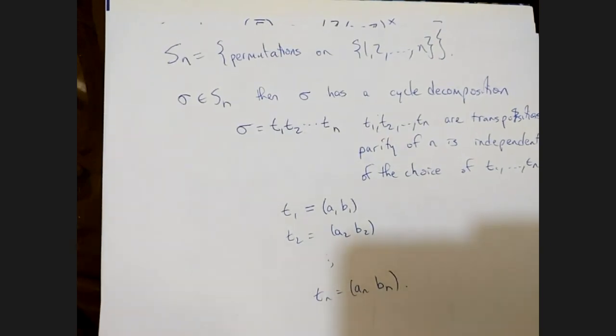And if you think about it that way, it's actually obvious that you should be able to do this, because that is probably the way you would do it anyways, by switching two at a time.